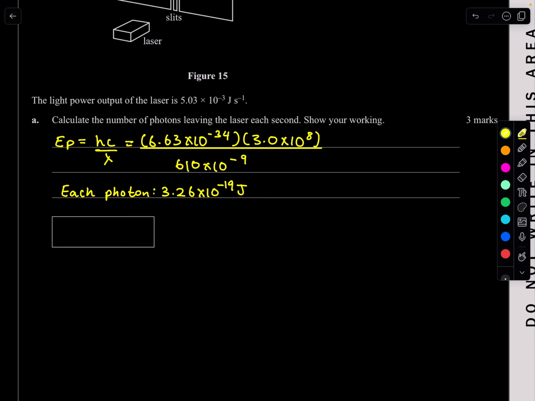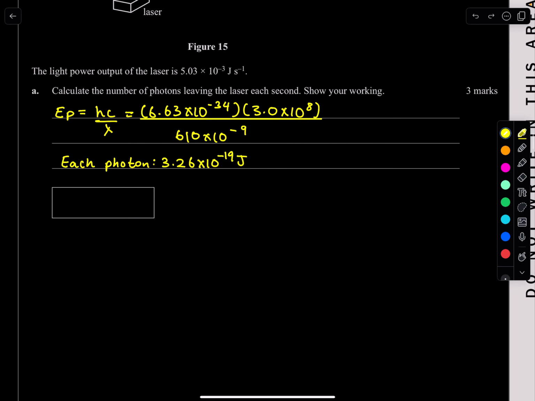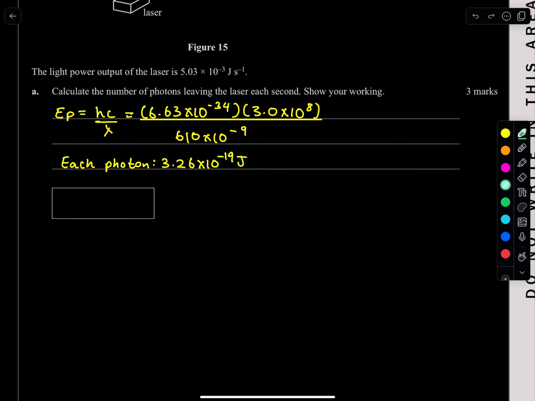So if I know every second that we're releasing this much energy, we just need to divide this by this to know how many photons are being released to make up this energy every second. So what's 5.03 times 10 to the negative 3, all being divided by 3.26 times 10 to the negative 19?